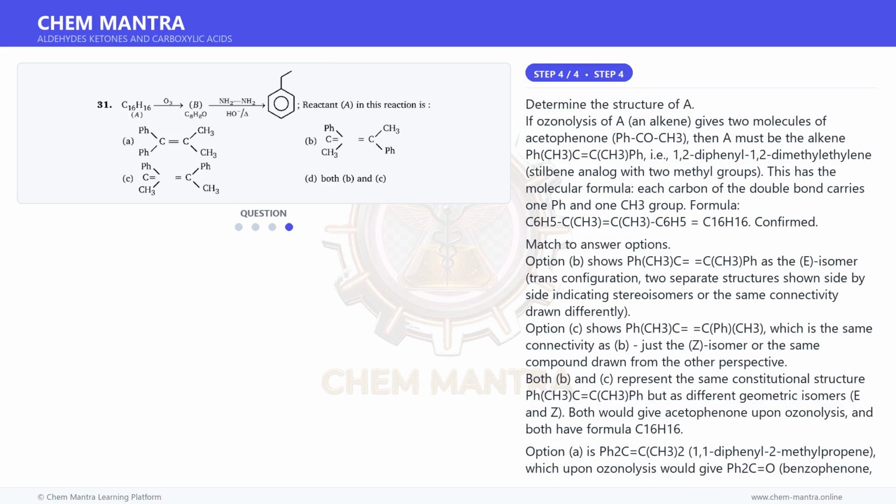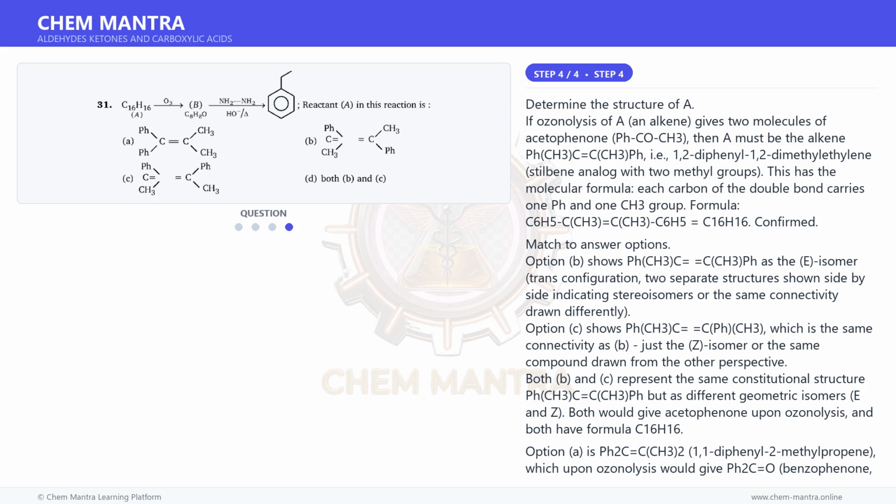And for the final step, determine the structure of A. If ozonolysis of A, an alkene, gives two molecules of acetophenone, Ph-CO-CH3, then A must be the alkene Ph(CH3)C=C(CH3)Ph, 1,2-diphenyl-1,2-dimethylethylene, a stilbene analog with two methyl groups.